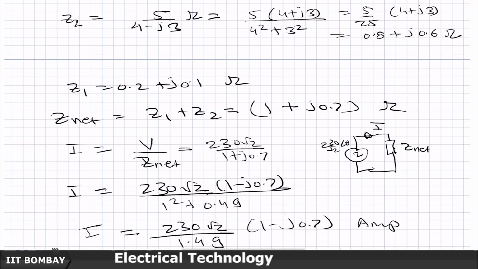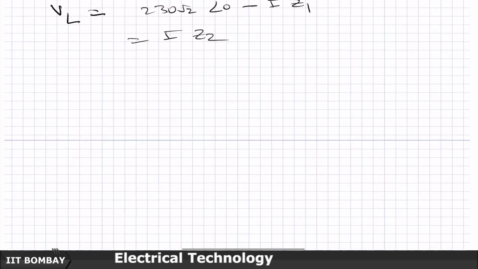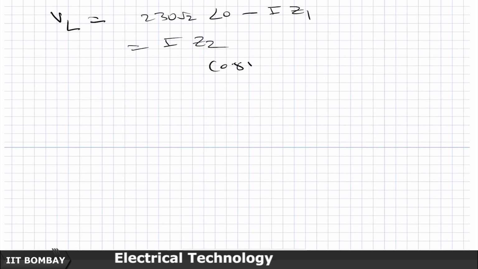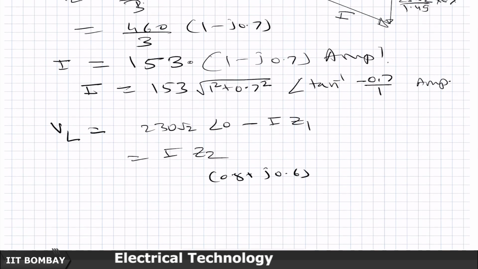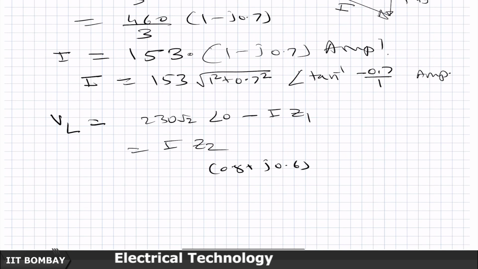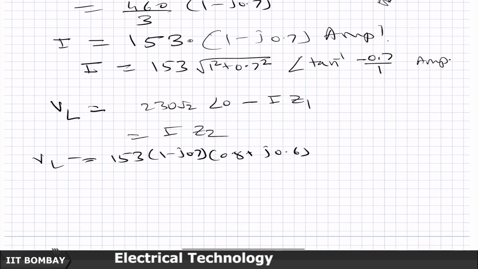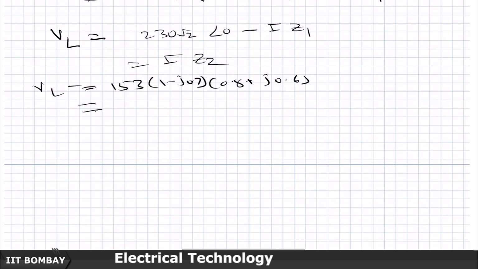So, I will choose the other one. So, Z2 is 0.8 plus j 0.6 and IL is 153 into 1 minus j 0.7, and whatever comes out here is going to be your so many volts, and I will leave it to you to calculate this number and see what it is.